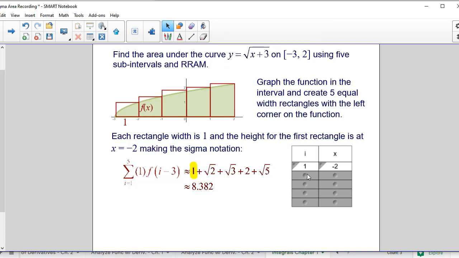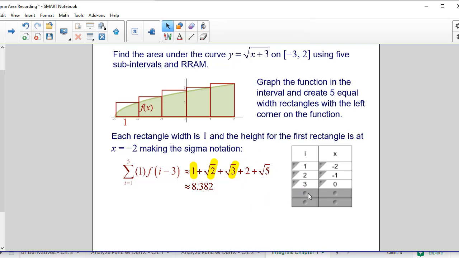Next, i increases to 2, and 2 minus 3 is equal to -1, and f of -1 is equal to the square root of 2. When i is equal to 3, x is equal to 0, and 0 plus 3 is 3, so f of 0 is the square root of 3.